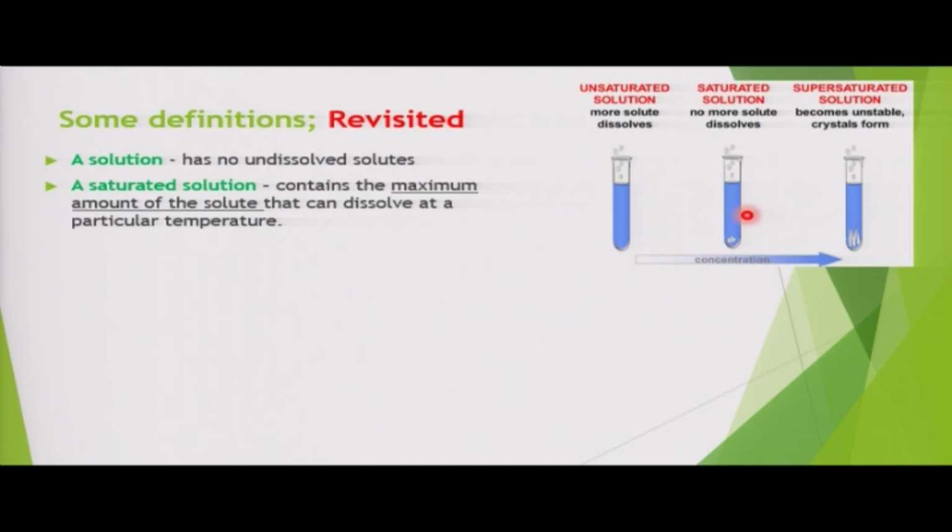And when you go beyond this point of saturation, that is where we have what is termed as a supersaturated solution. You're going beyond the saturation point. So at that moment, some of the crystals start to form as a result of the salt molecules being in excess in the solution.